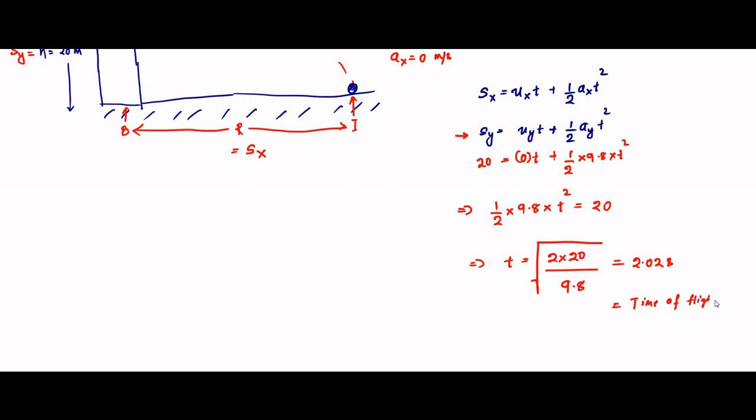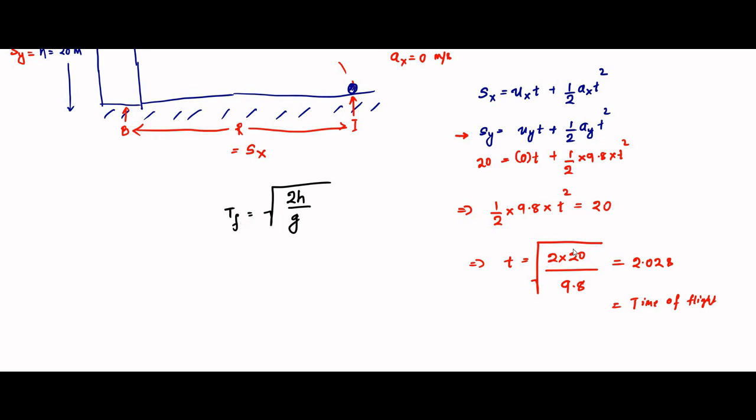Now this time which we calculated is nothing but the time of flight of the object, the duration for which it was in the air from the time instant it was thrown until it hits the ground. If you remember the formula of time of flight for horizontal projection, time of flight is equal to root over of 2h by g, where h is the height from which it is thrown and g is acceleration due to gravity.